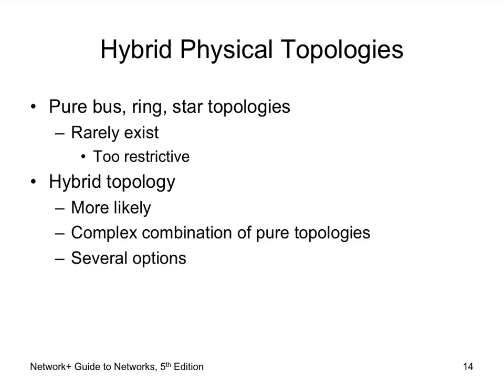So pure ring and star topologies rarely exist because they're too restrictive, and there's zero growth. But they do exist. An example would be supercomputers that have multiple computers daisy-chained together to connect their hardware, both memory and hard drive space.